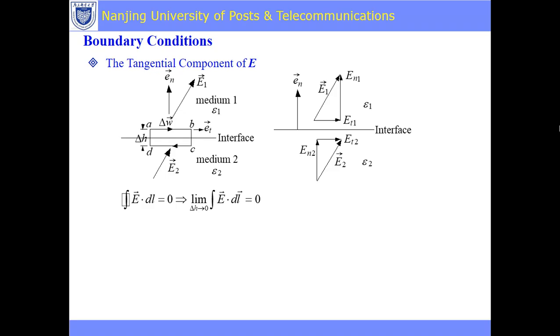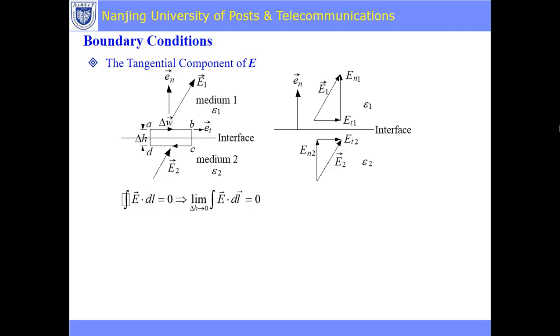Here there is this enclosed path, this rectangle A, B, C, and D. Why is this equal to 0? Here, this one pointing this way is equal to 0.